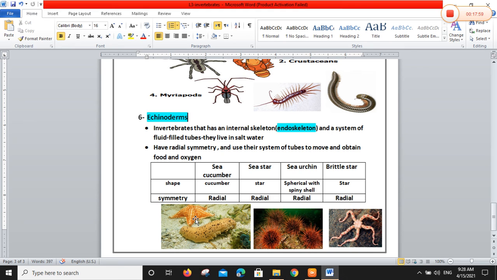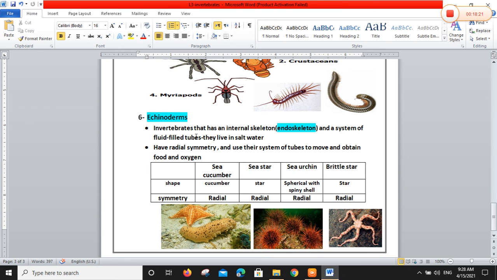Starfish, or sea star. Sea urchin, look at sea urchin. Look at brittle star. Are all these bilateral or radial? They have radial symmetry. Don't forget, they have radial symmetry.